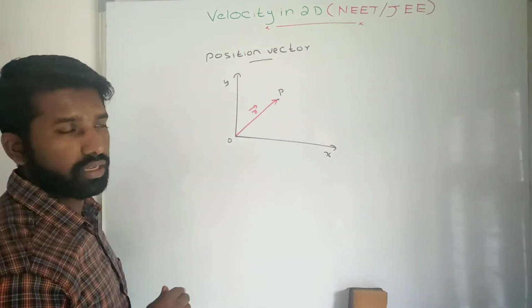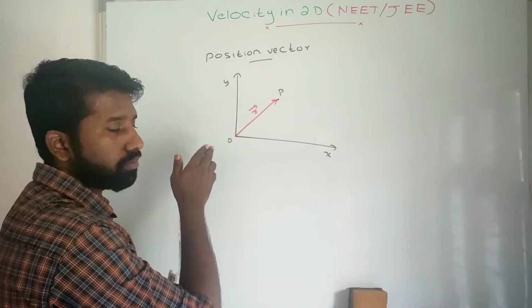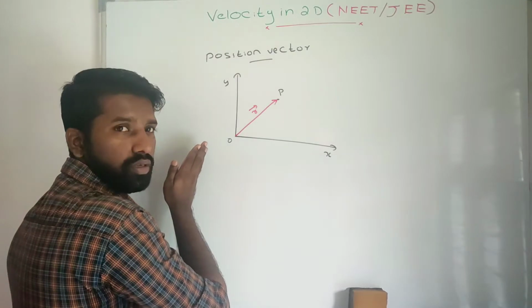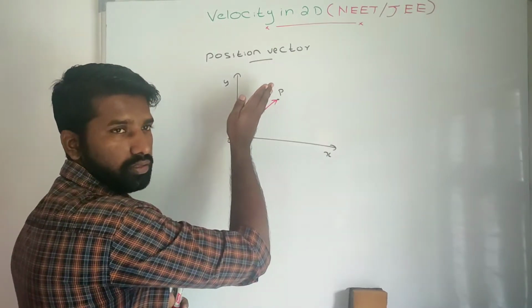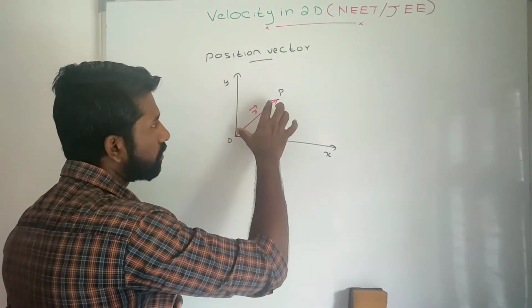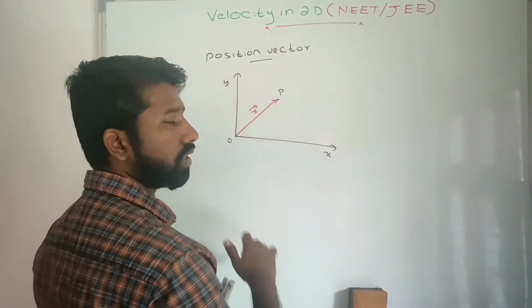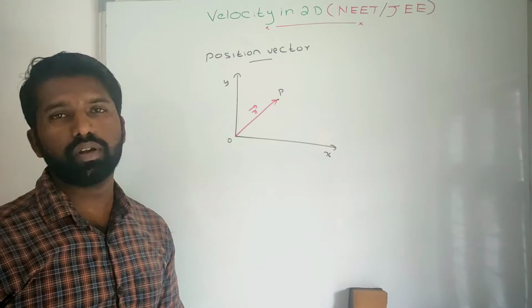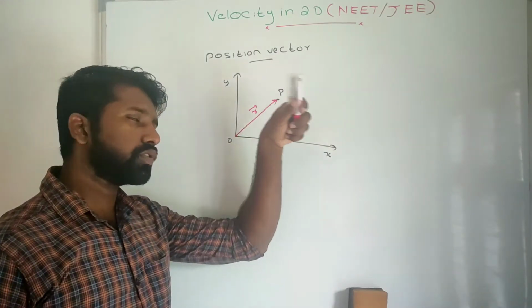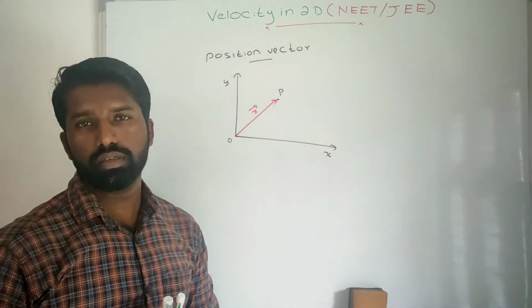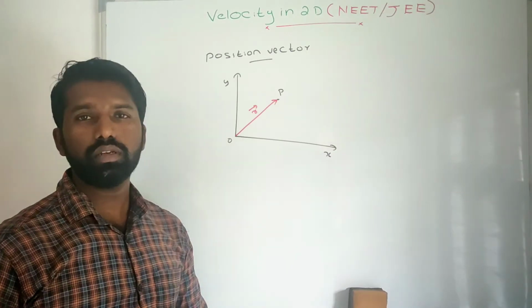This position vector says that the object is from the origin towards this point, in this direction, with this much distance. So, the R vector specifies the position of an object. If the position changes, we will say that the body is in motion.